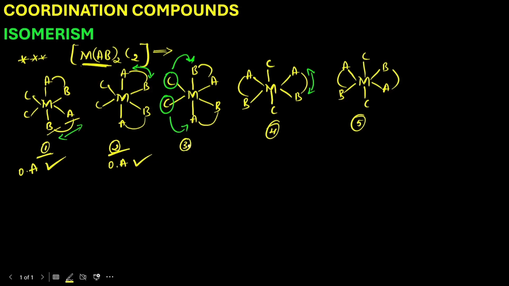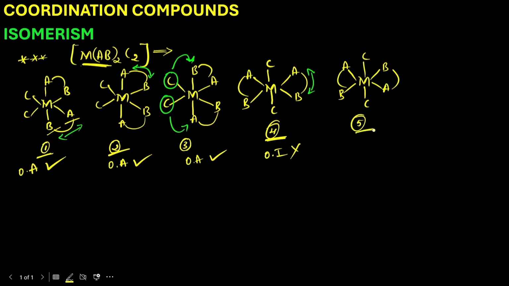The third case is also non-superimposable, therefore optically active. Coming to the fourth one, you get superimposable mirror images, therefore it is optically inactive.